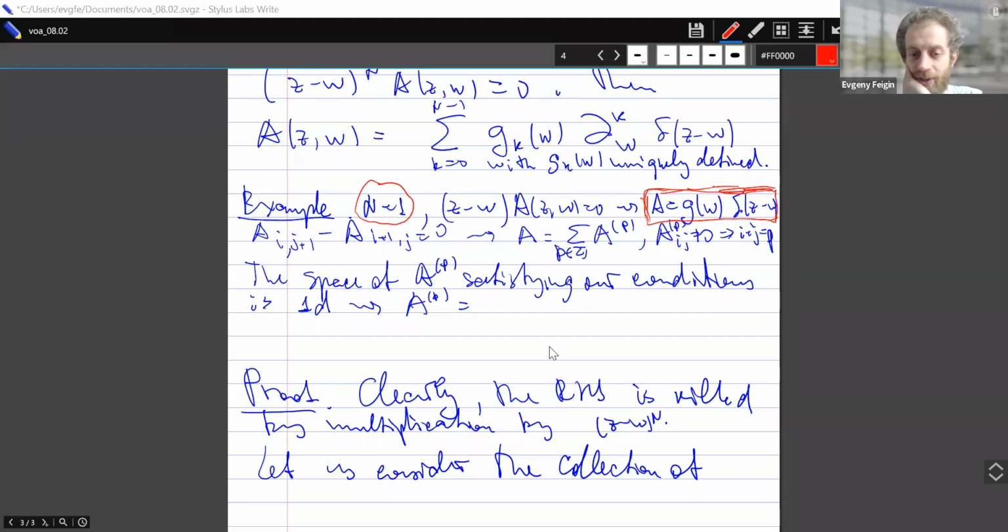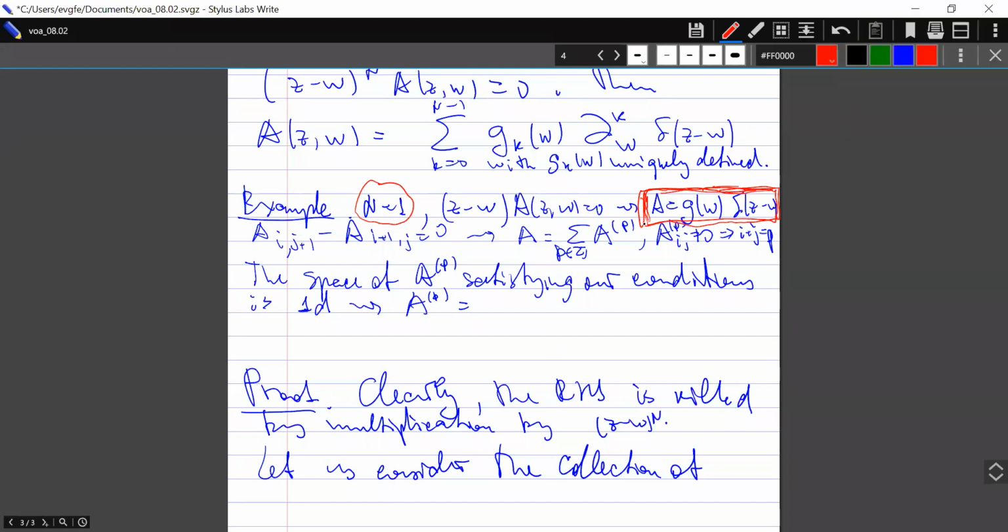We were thinking about the example n equals 1, and we want a solution for A, for AP, the pth homogeneous component, and the solution is like in the box here. You're asking about the solution in this form, g of w times this delta function. Absolutely.